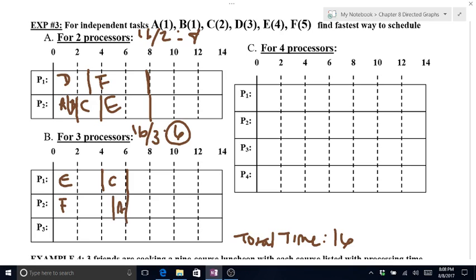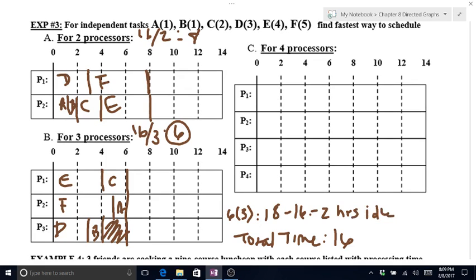A goes 1 minute. And then D goes 3 minutes. B goes 1 minute. And we've got 2 minutes of overtime, or idle time. Okay, again, we can check. It should be 6 times 3 processors, that's 18, minus the total amount of time, that's 2 minutes idle. Okay.